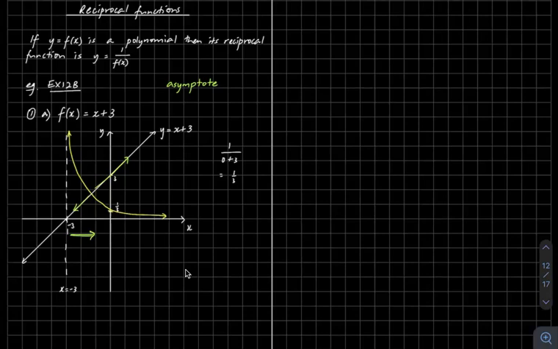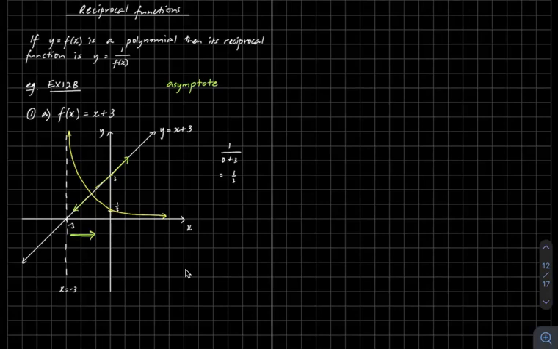Now, I haven't given myself too much space on the other side of the asymptote, but for these values of x along here, x plus 3 is a negative number. Therefore, 1 divided by that has to be a negative number as well.